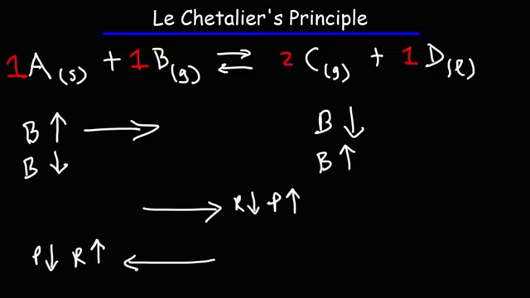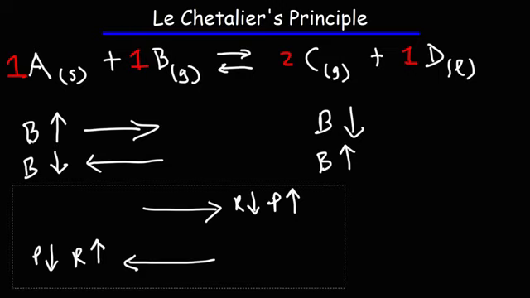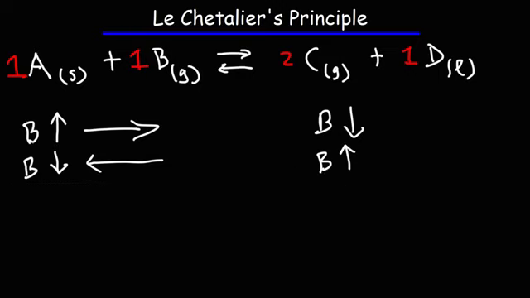So B is a reactant. In order to increase the reactants, we need to shift to the left. So if you remove B from the reaction vessel, the system is going to cause the reaction to shift to the left, producing more B. So whatever you do to the system is going to try to undo the change that you impose upon it.